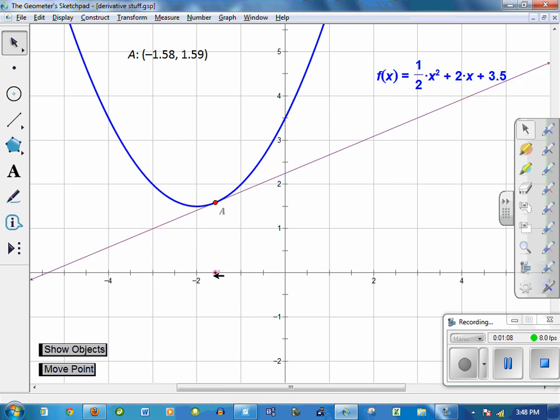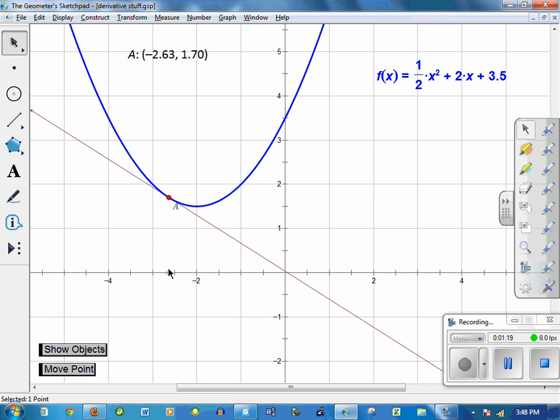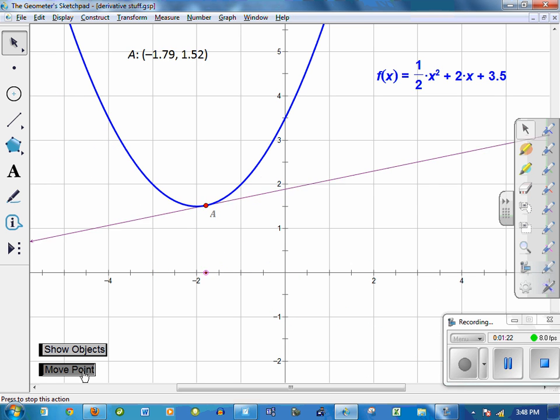If you notice as I change the x value of that point, the y value changes as well, and the tangent line is changing with it. But specifically, up here at the top of the screen, it says A is (-1, 2), which is the point I want to talk about.